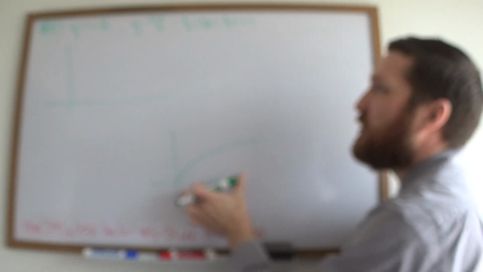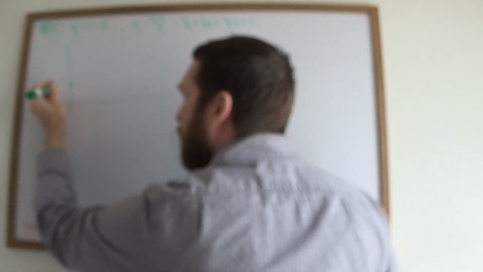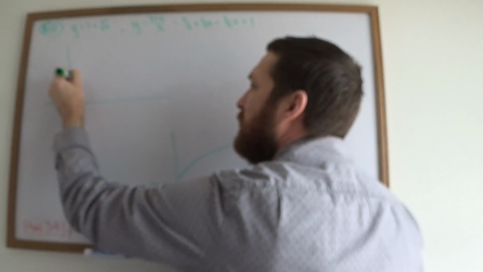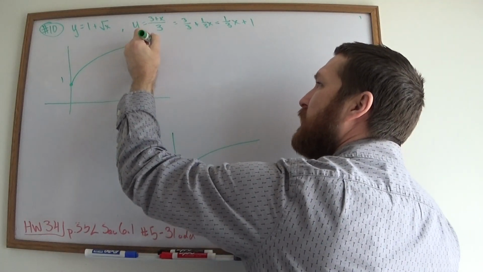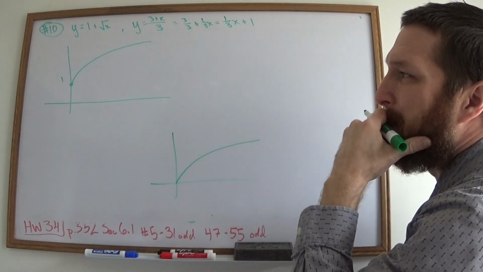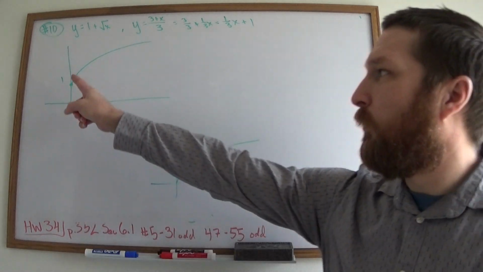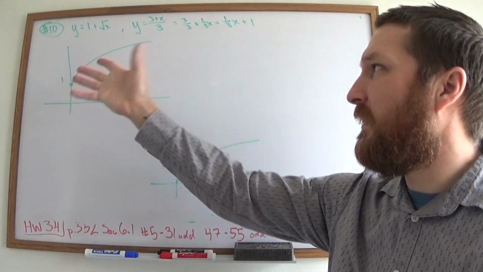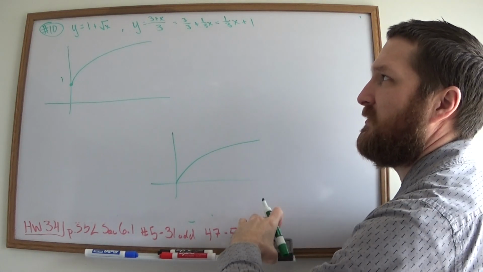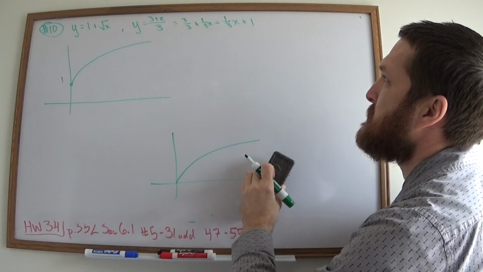Now this one gets shifted up by 1 unit. So it goes here at 1. Anytime you're doing these and you have the opportunity to put an actual point with an actual number somewhere on there, it's going to make your life easier, so I suggest you do it.